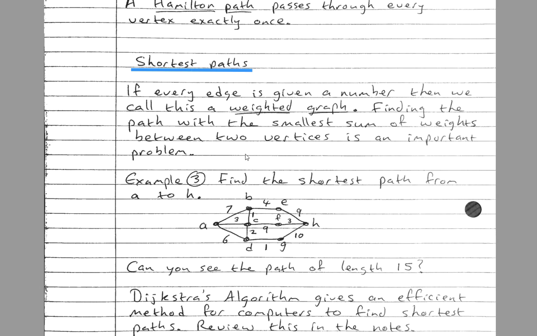So if I give you two vertices on a weighted graph, can you find the shortest path? I hope this is visible. We're looking for a path here between A and H with the smallest sum of numbers.